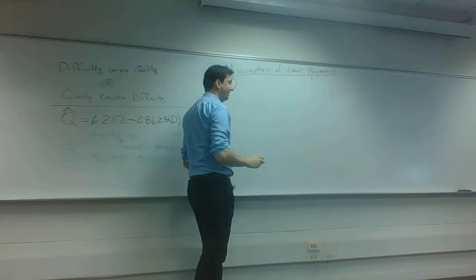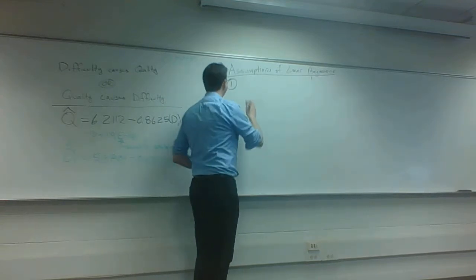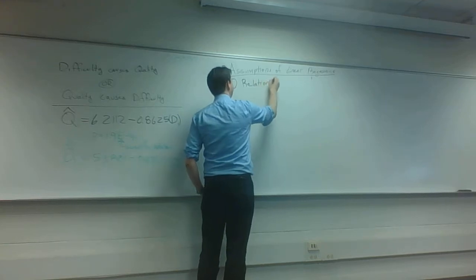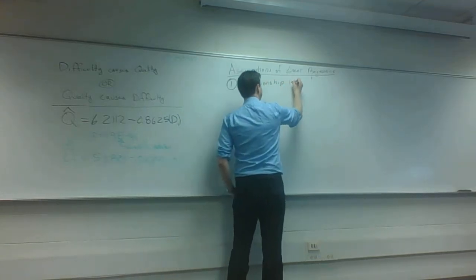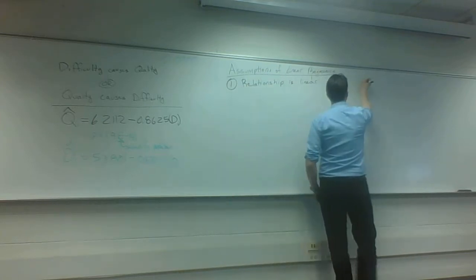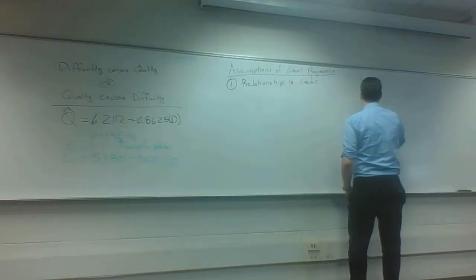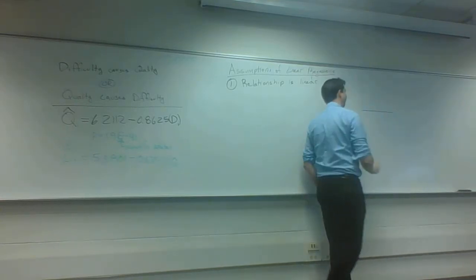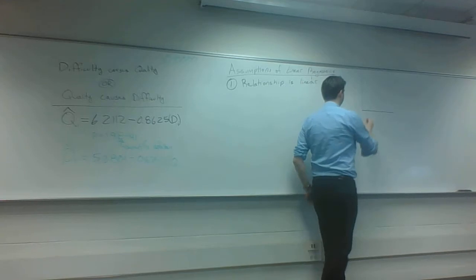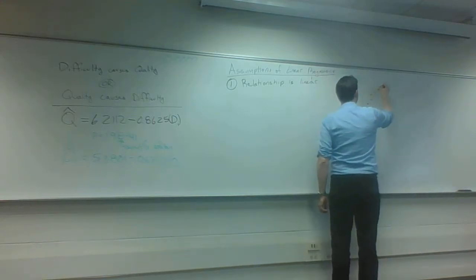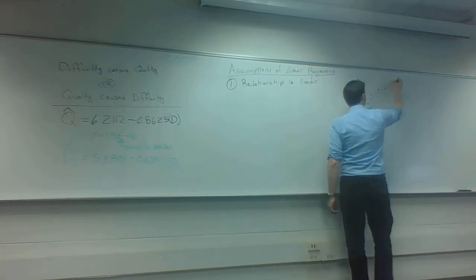One. This one's really easy. The relationship is linear. Imagine the data looked like that, a scatter plot looked like this.